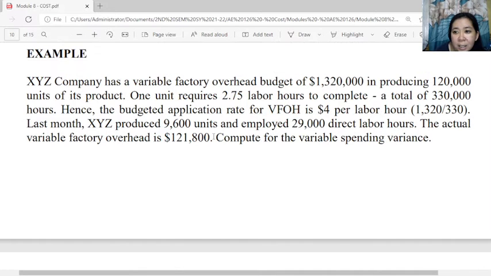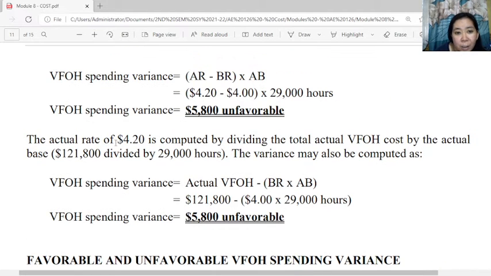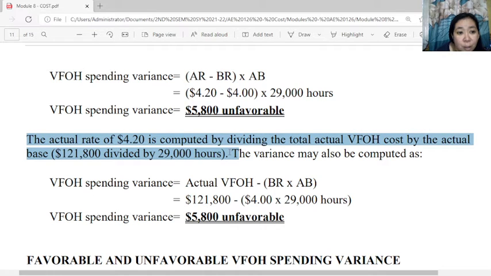Actually this is 121,800 divided by 29,000 hours. Okay, so this is how we compute the actual rate: actual variable factory overhead divided by actual number of direct labor hours spent.